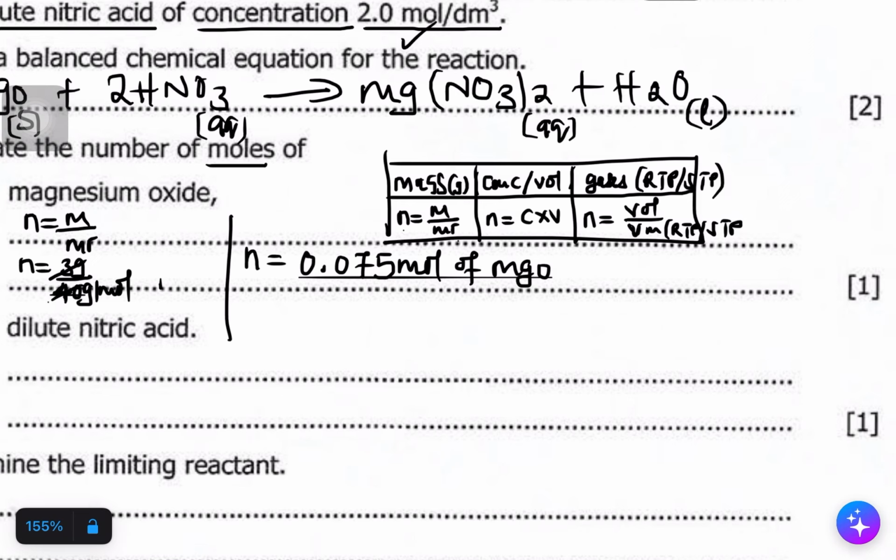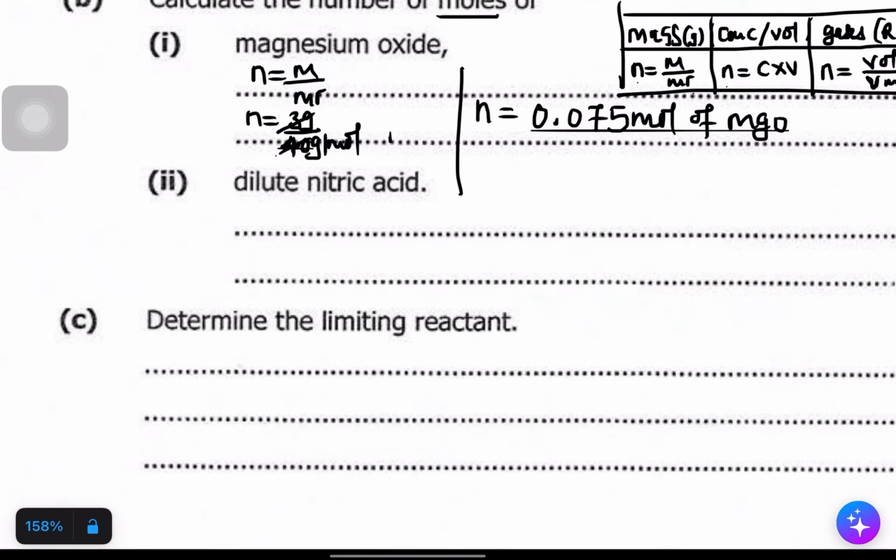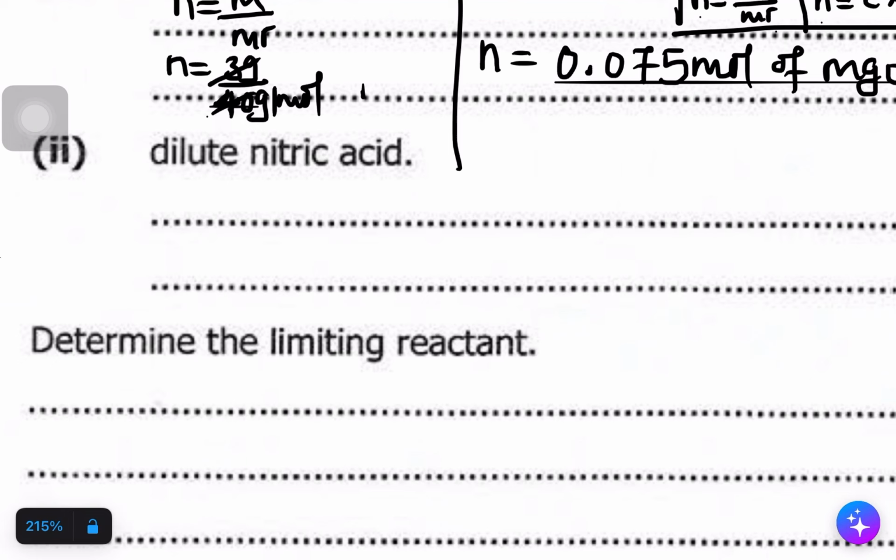So the formula for finding concentration and volume, we say number of moles equal to concentration times volume. So this is the formula that we are using. We set up our formula here by stating number of moles is equal to concentration times the volume. And then we see exactly what we are given as concentration.